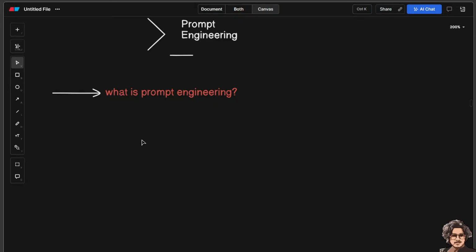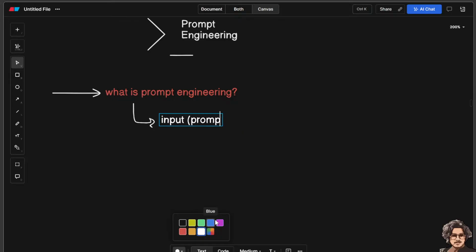So prompt engineering is a practice of designing an effective input, that is, a prompt, for a large language model, the LLMs that we use like GPT, to produce an accurate and relevant answer.